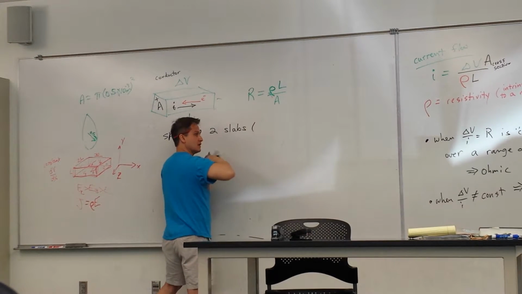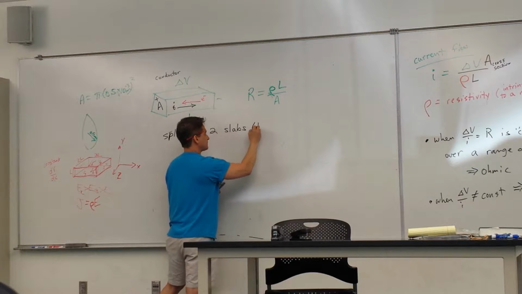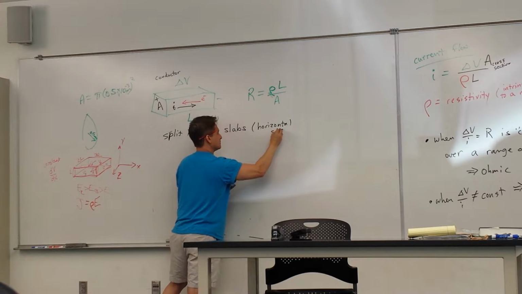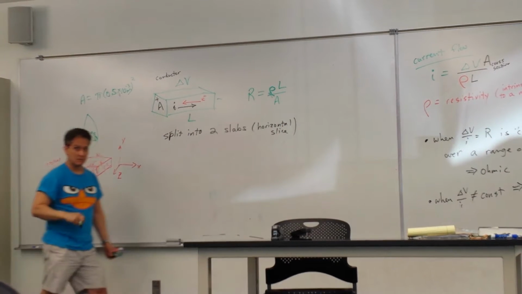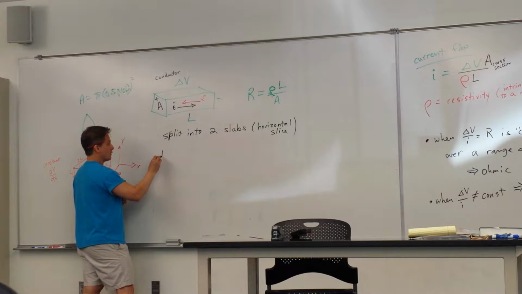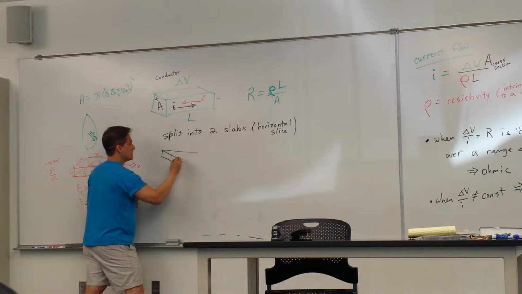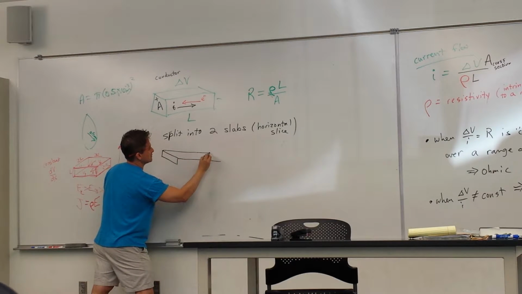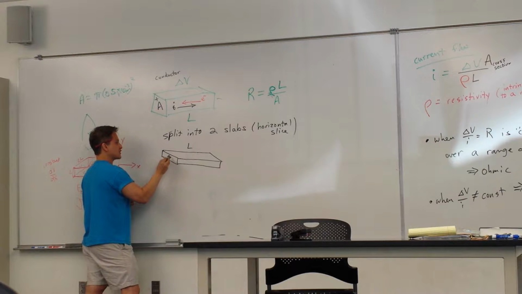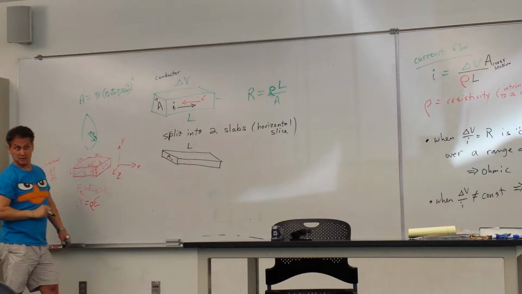And let's do this horizontal slice. Everything you need to know about resistors we can look at and think about in these terms. So here's one slab, same length, and it's going to have a surface area of A1.